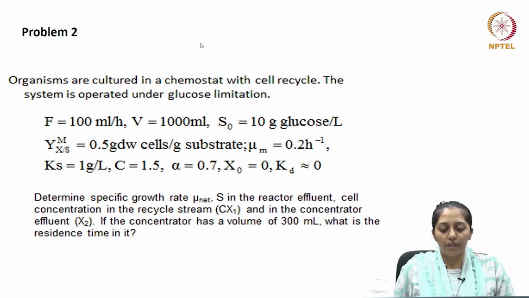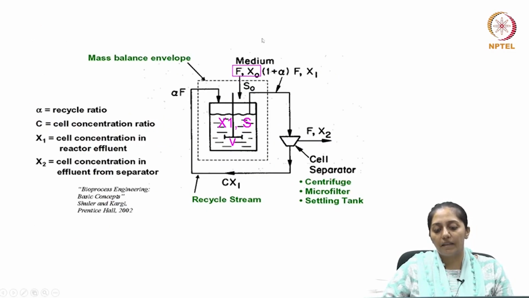The yield coefficient, the Monod saturation constant and the maximum specific growth rate of the culture have been provided, and some information regarding the recycle stream is also given. If you see the schematic on the slide and the various notations, alpha stands for the recycle ratio, and capital C stands for the cell concentration ratio in the recycle stream versus the stream coming out of the reactor.